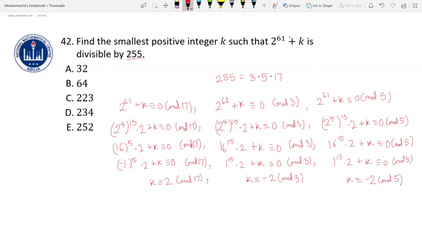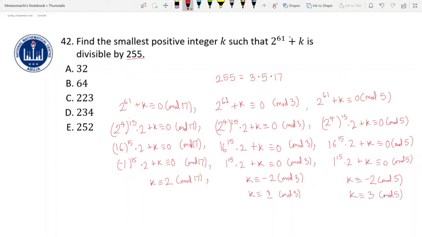So k congruent to negative 2 mod 3 is the same as k congruent to 1 mod 3, and here it is the same as k congruent to 3 mod 5 when you add 5.